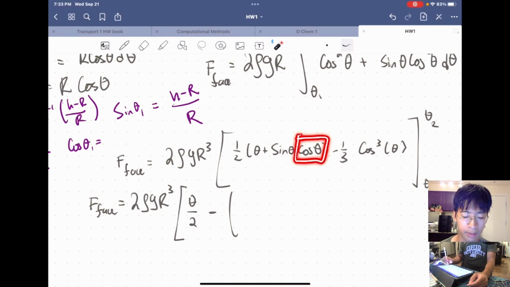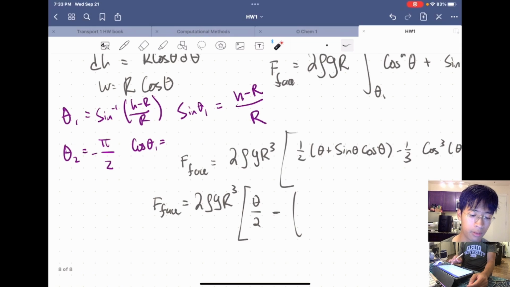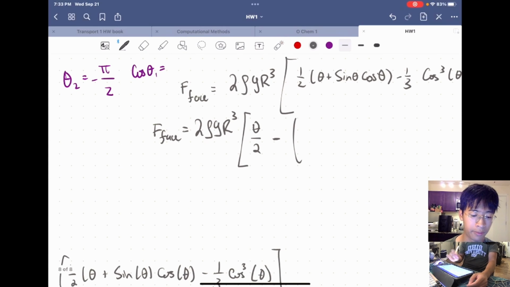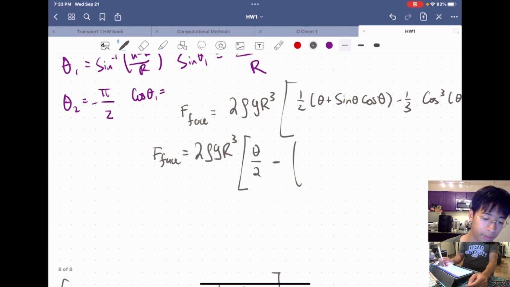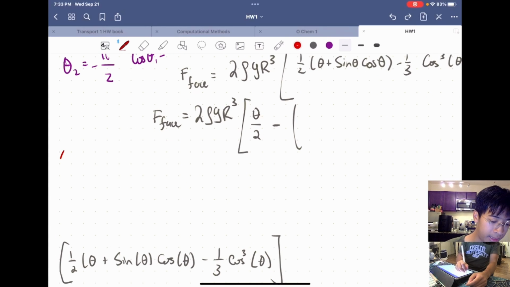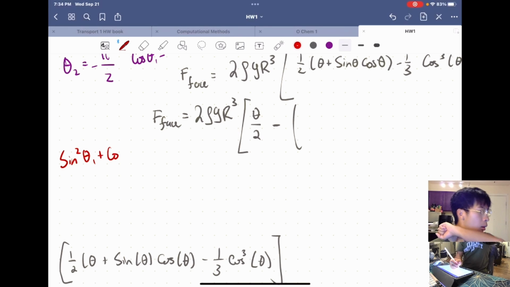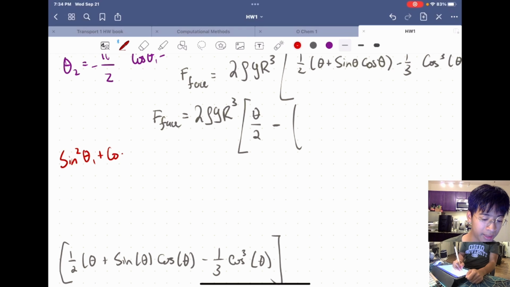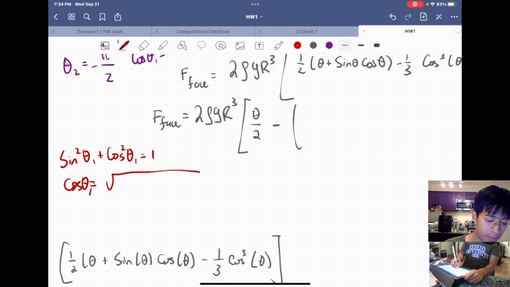We're going to want to substitute in cosine somehow, and the way we're going to do that is by using our friendly neighborhood trig identity, right? Sine squared theta plus, excuse me, cosine squared theta is equal to 1. So if I'm looking for cosine, it's going to look something like this. Cosine theta 1 is equal to the radical of 1 minus sine squared theta.